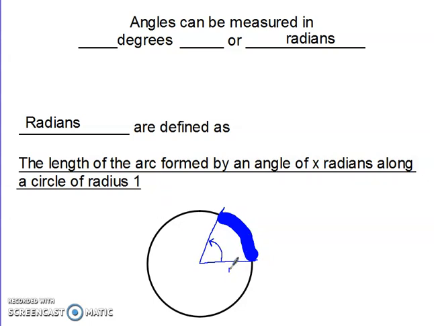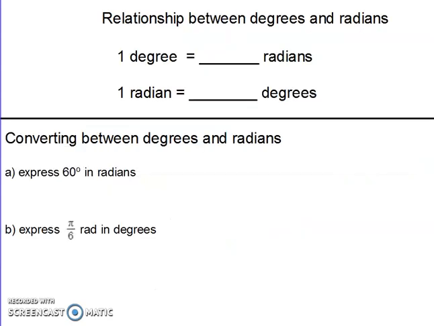If our radius is something else, maybe our radius is 10, then in order to find that length that we would walk from one point to the next along the arc, we take those radians, pi over 3, and simply multiply by our radius. So in this case, I would be walking 10 pi over 3 units to get from one point to that next point along that arc that I've sectioned off in my circle. So radians have a very specific relationship to the circumference of our circle.